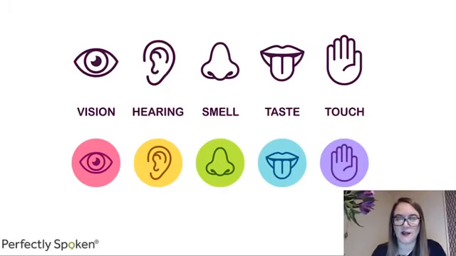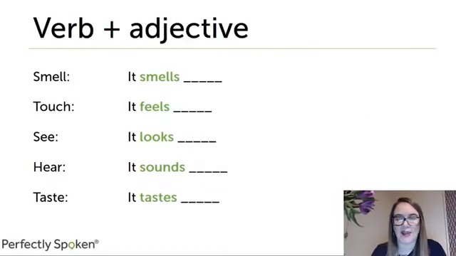Okay, so we've been thinking about the 5 senses. Let's have a look at the pattern of verb and adjective. So with smell, when you're describing something, you can keep the same verb. It smells and adjective. It smells delicious. With touch, you need to change to feel.